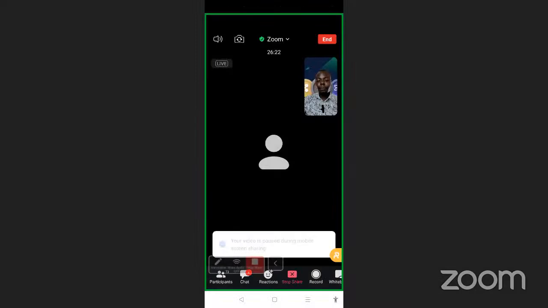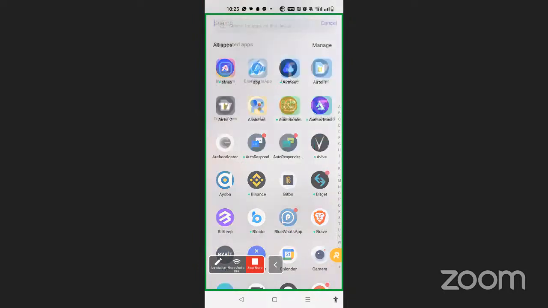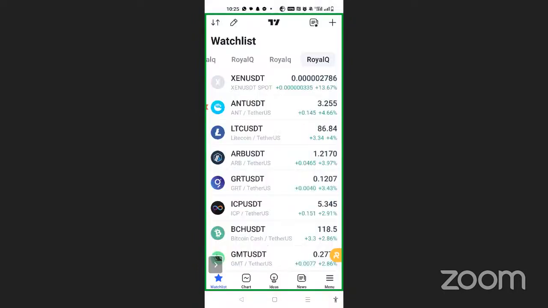Before I go to trading capital, I want to share with you a coin. Let me pick up a coin for you guys that is doing well.